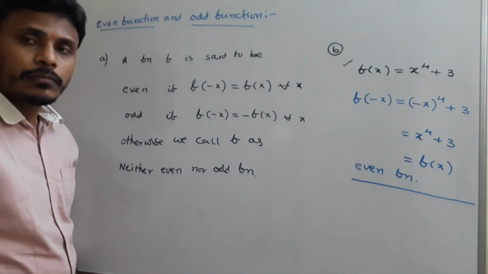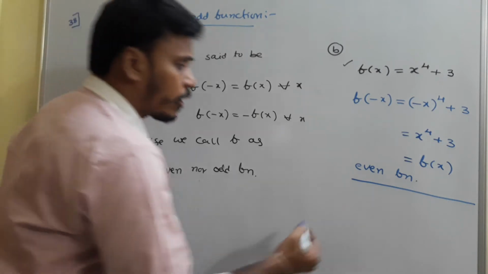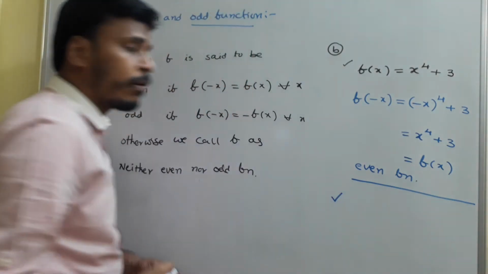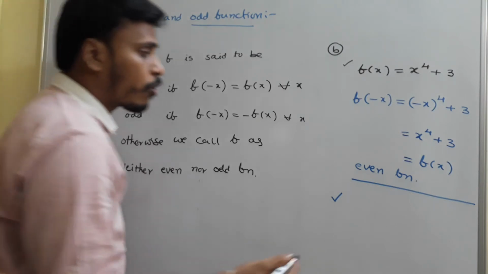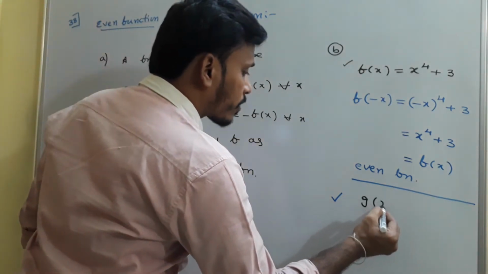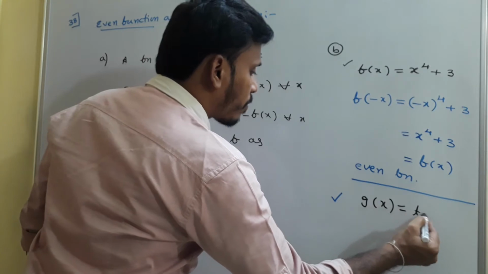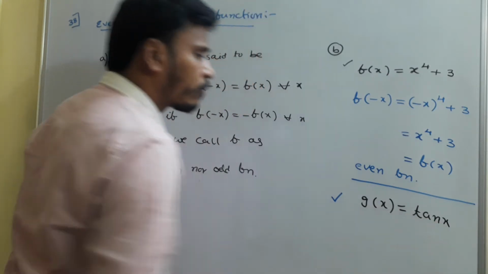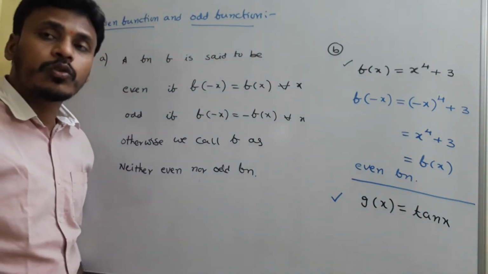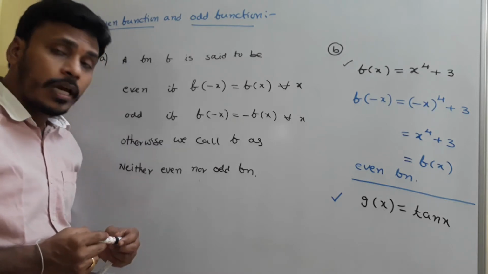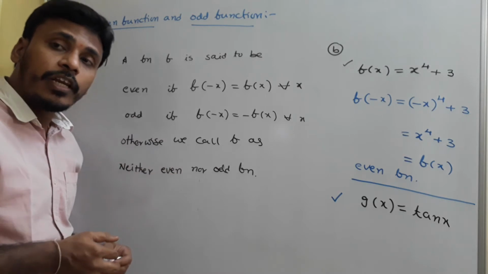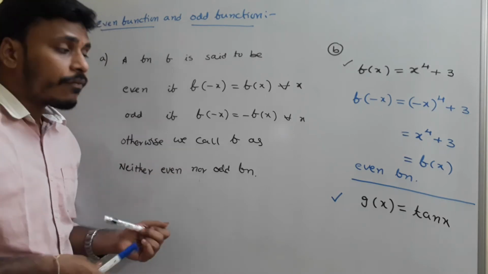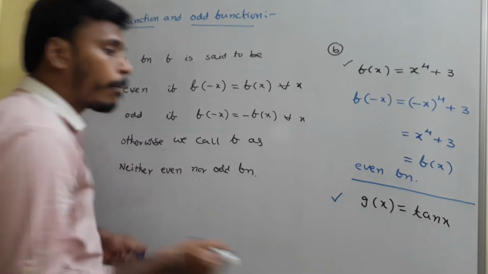Now to check an example for an odd function, let us take another function with a different name. Some g of x is equal to tan x. To check whether g is even or odd, we need to replace x with minus x.